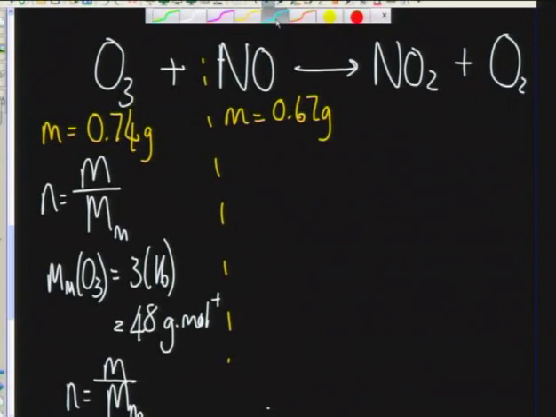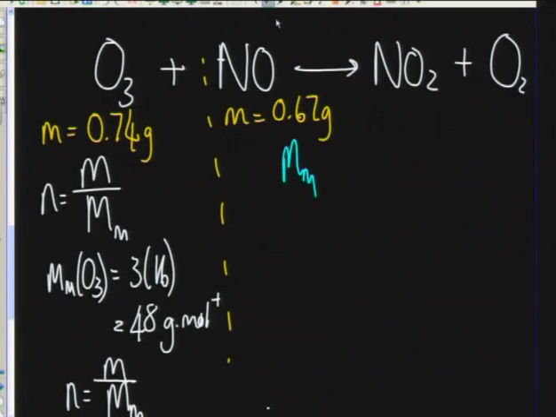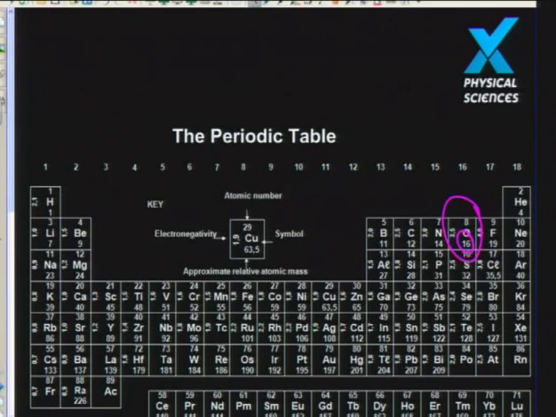I'm going to choose a different pen color so we are on track. Molar mass, a good place to start, of NO. Let me find my periodic table. Nitrogen is over here, 14, and oxygen, 16.